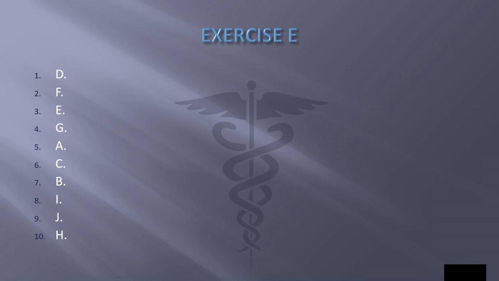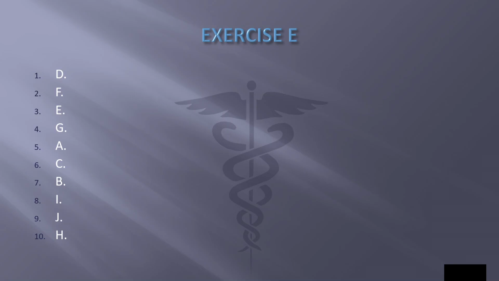6. Inflammatory bowel disease is letter C. Ulcerative colitis and Crohn's disease. 7. Diverticulosis is letter B. Abnormal condition of small pouches or sacs in the wall of the intestine. 8.